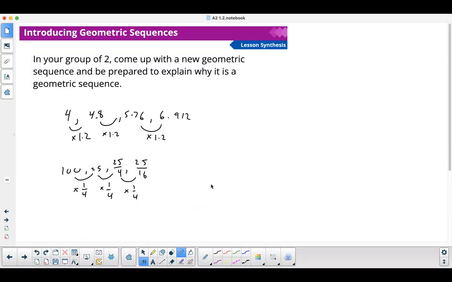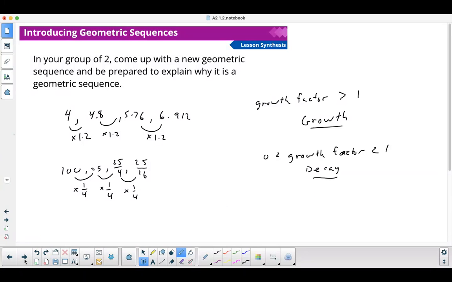And you could keep on going. So you might be noticing the pattern here. When your growth rate or growth factor is greater than 1, our function or our sequence grows. We call that growth. When our growth factor is between 0 and 1, that's when they keep getting smaller, and we call that decay.